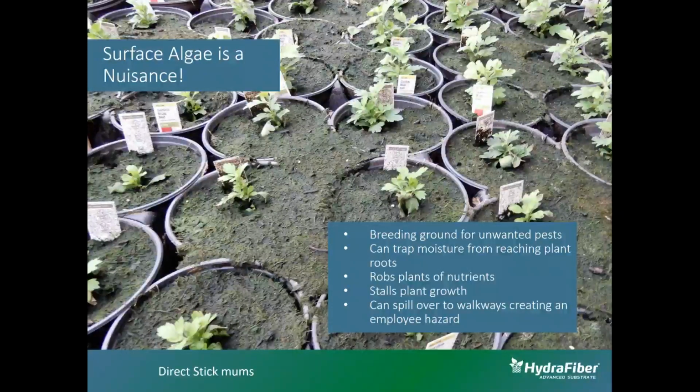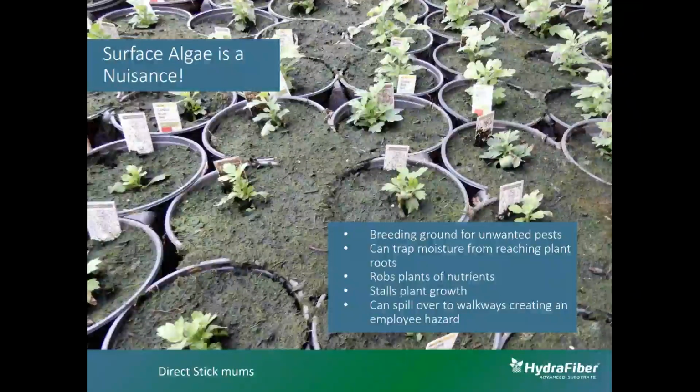And the way that it does this is that the algae, which you can see very clearly in this image, is green, and so you know that it's there. And sometimes when you move these plants out of a high moisture environment, let's say that these were direct stock, you reduce the moisture during irrigation, and this algae will form a crust and it will die off.